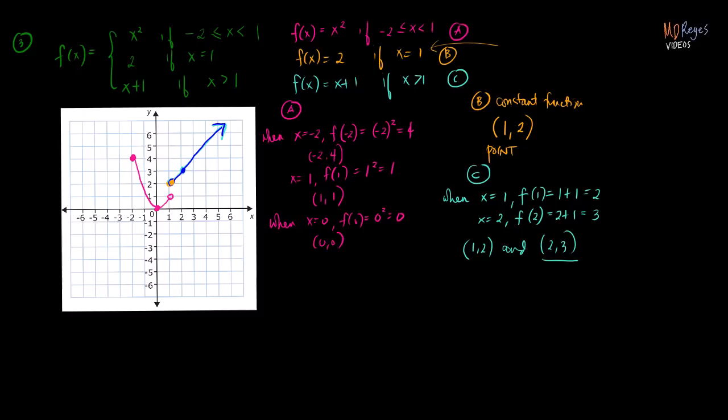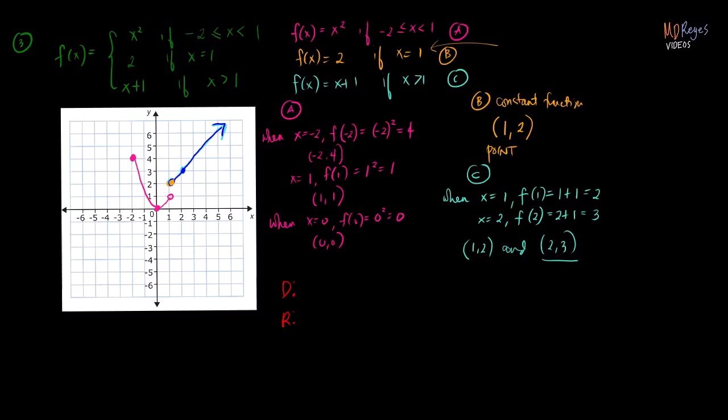That's the graph of the function. Now we're done with the graph. We have to identify its domain and the range. For the domain, we look at how far it goes with respect to the x-axis. This line goes all the way to the right, but this parabola stops at -2 on the x-axis.